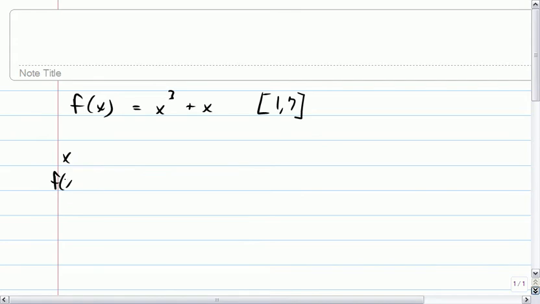So if you think about what I'm asking you to do here, when x is 1, f of x produces 2. When x is 7, f of x is 350.